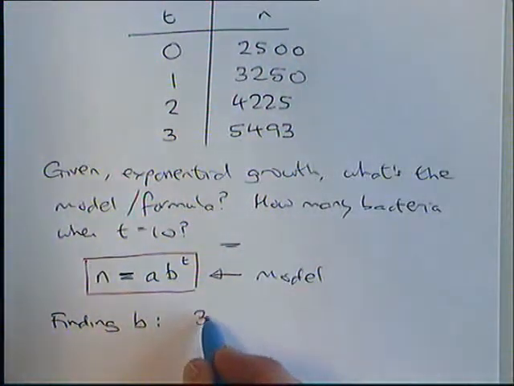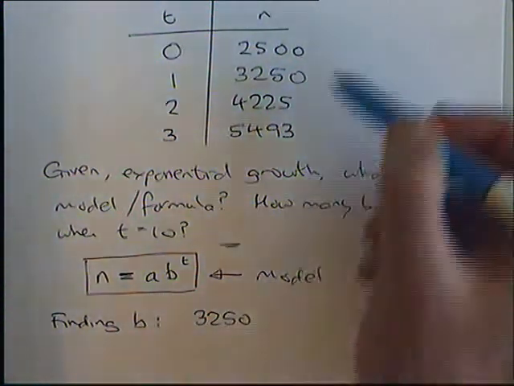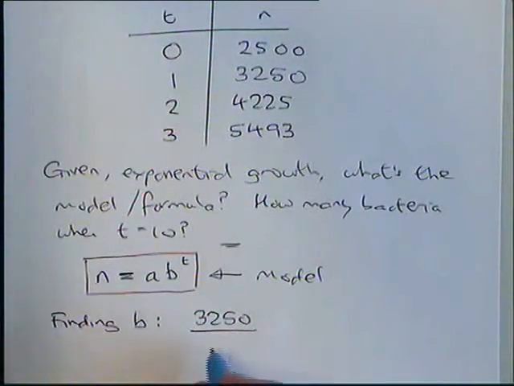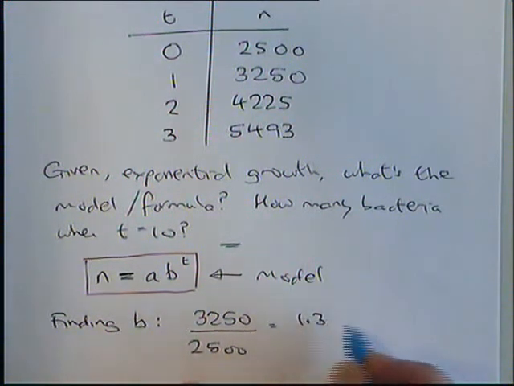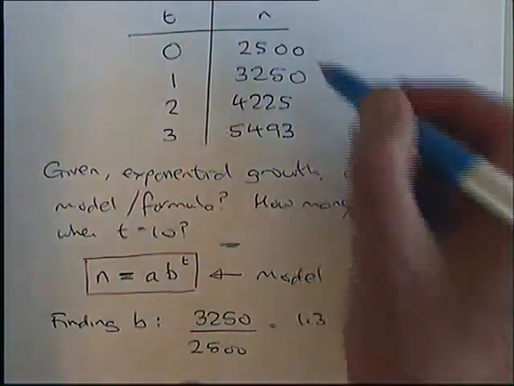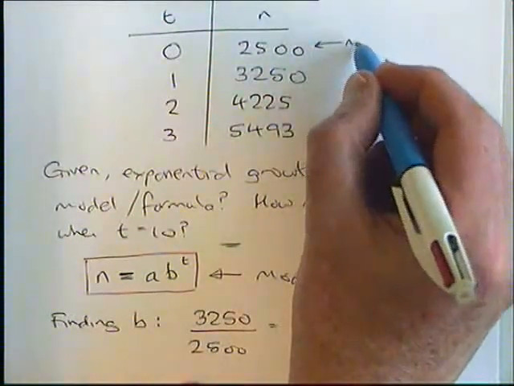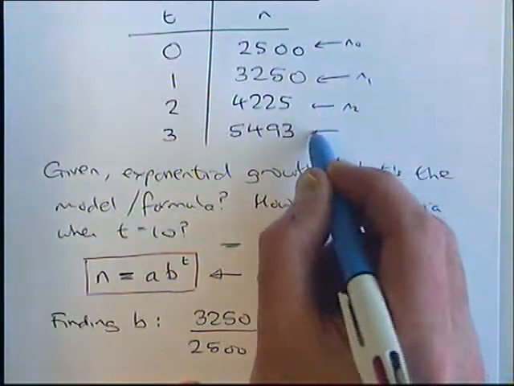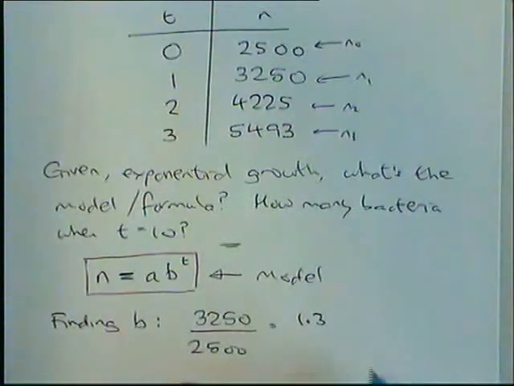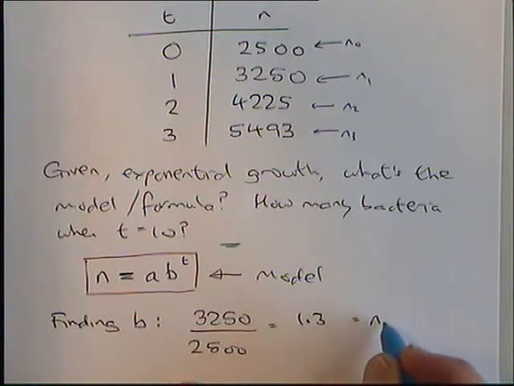Okay. If you do one amount divided by the previous amount, did that come out to be 1.3? Okay. So that was effectively, if you want to call that one there N0, that one N1, that one N2, and that one N3, what you've just done then is N1 divided by N0.